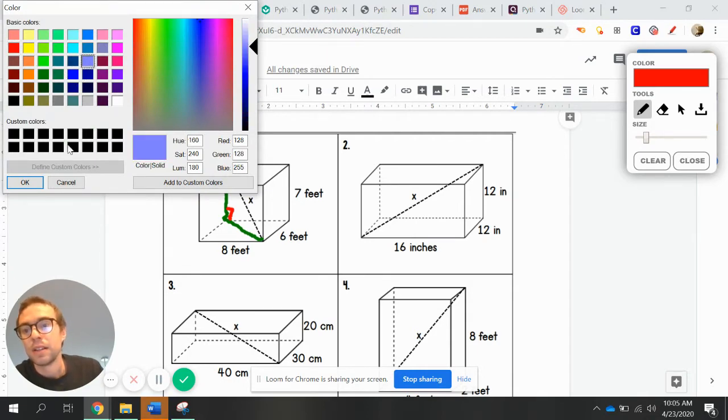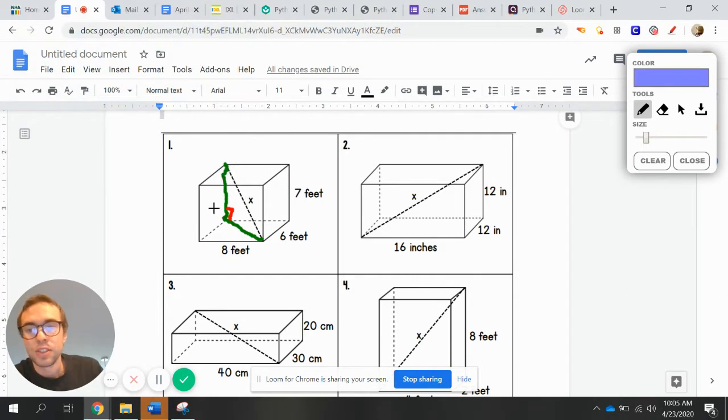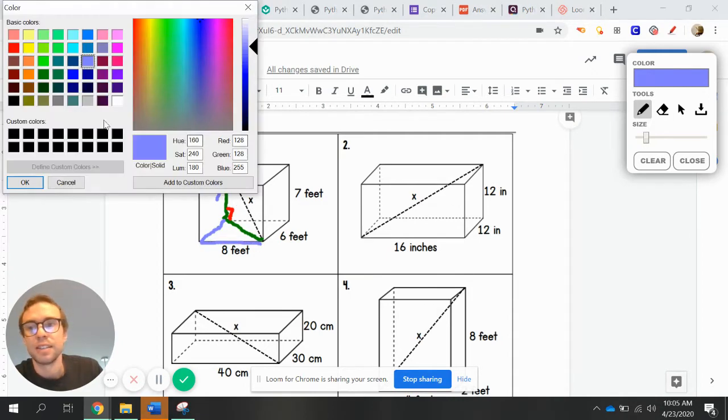I will use this color, and I'll show you another right triangle to get this diagonal length, because we know this length to be 7. So let's write 7 in there. All right, so that's 7. We now need to get the other diagonal length so we can then use the Pythagorean theorem to get this last one. So look at this other triangle I just made.